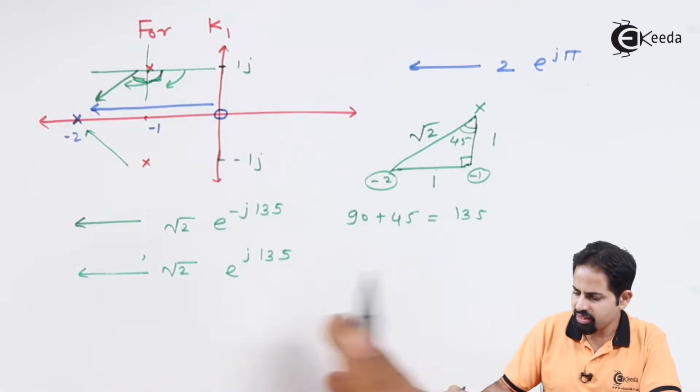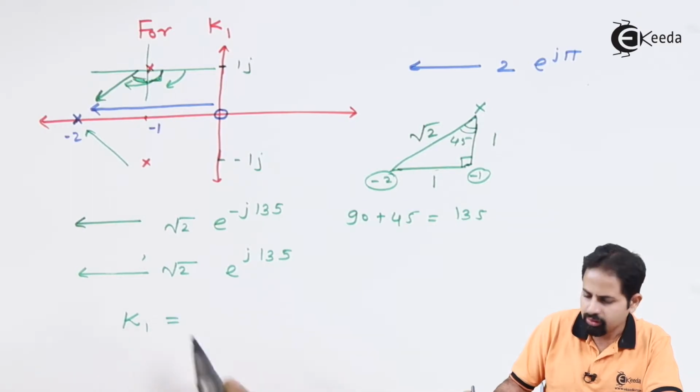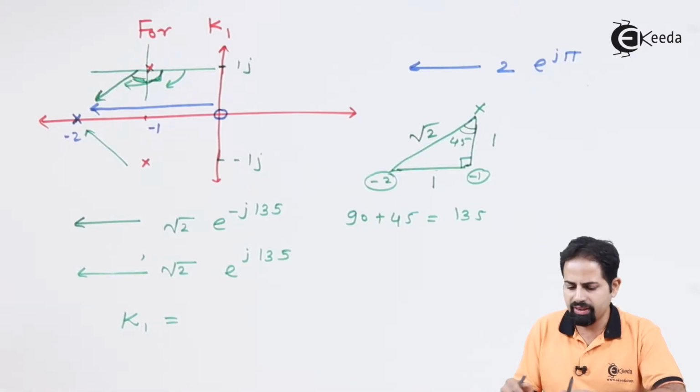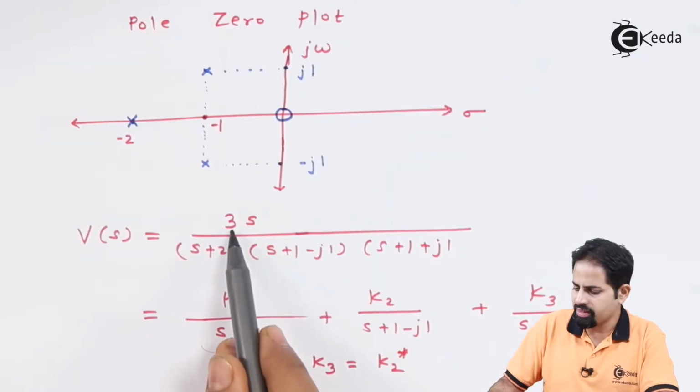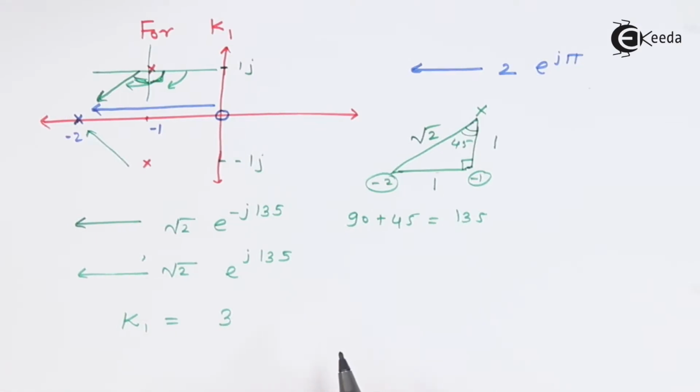Now by taking all these three things into account, we will write K1 equal to the scaling factor, which is H, and we'll see what H is here. You can see it is 3, that means H is equal to 3. Now the numerator will be related with the zero.